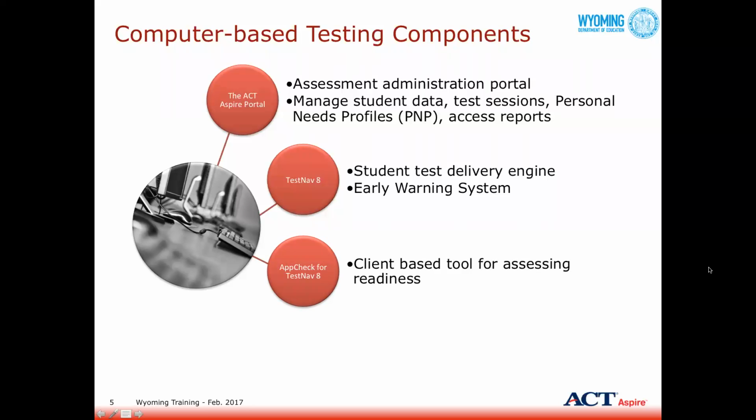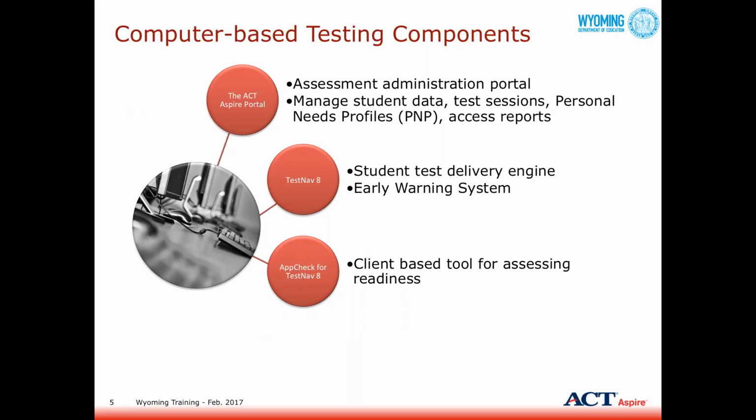App check. So app check is something that's brand new. App check is replacing our old system that we had, which was called system check. And now that we're turning to TestNav 8 utilizing the apps, it's a method for being able to verify your system is ready.